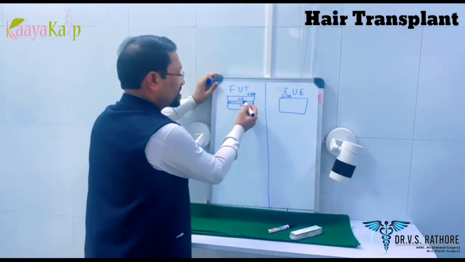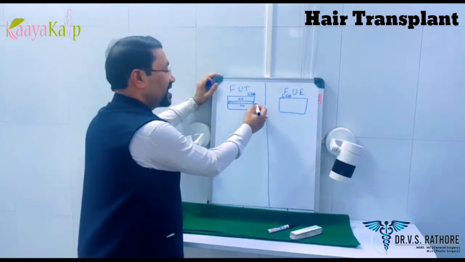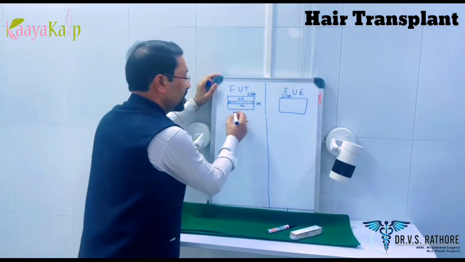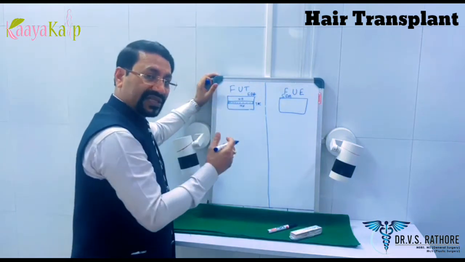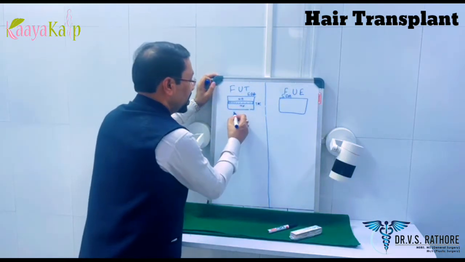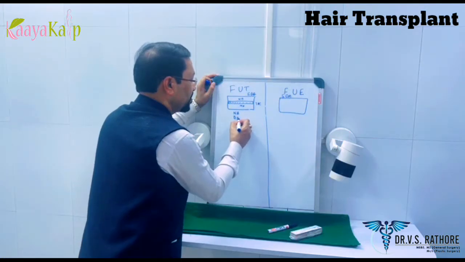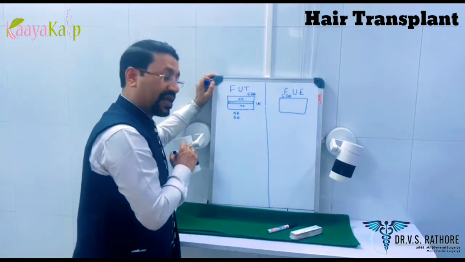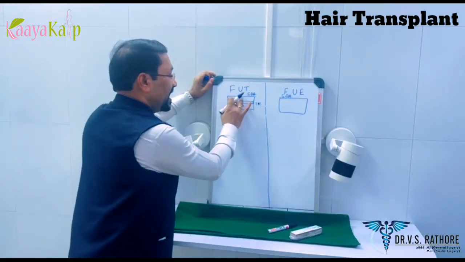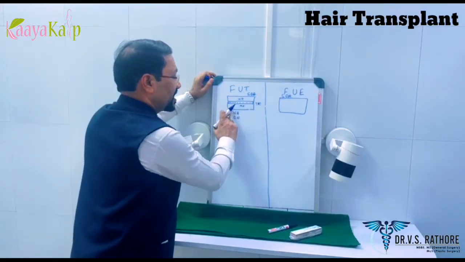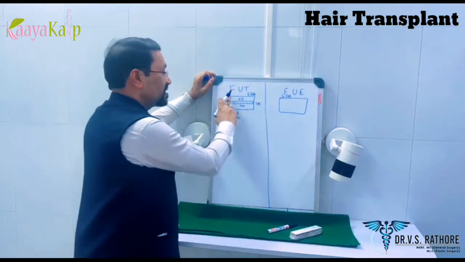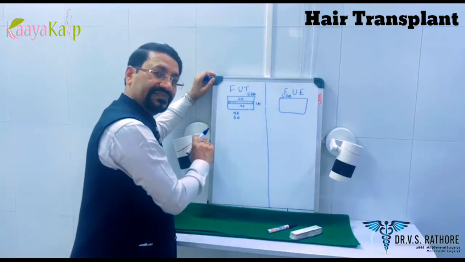So that means once the strip has been removed and I have done a trichophytic closure, immediately after the surgery the appearance remains normal, density remains normal. Since I haven't done anything in the above-the-cut area and the below-the-cut area, that means they are virgin areas.